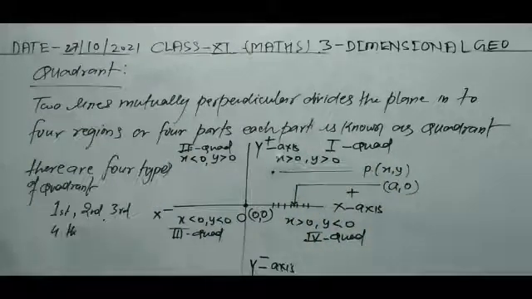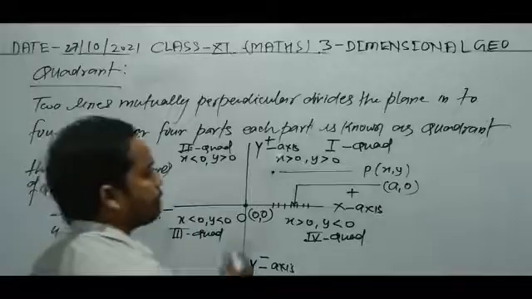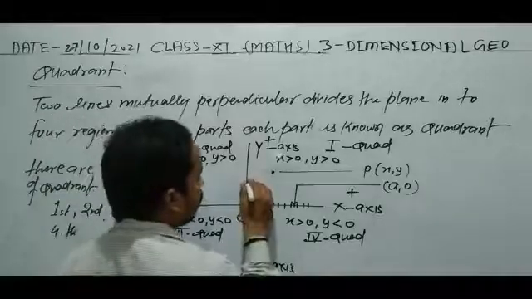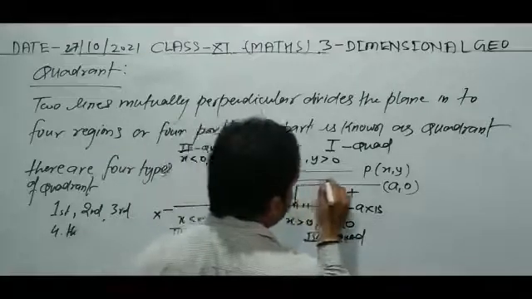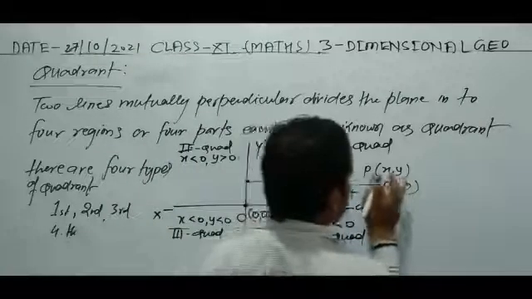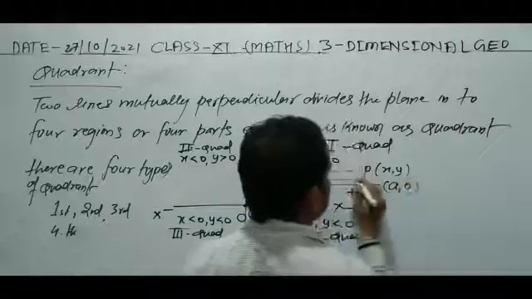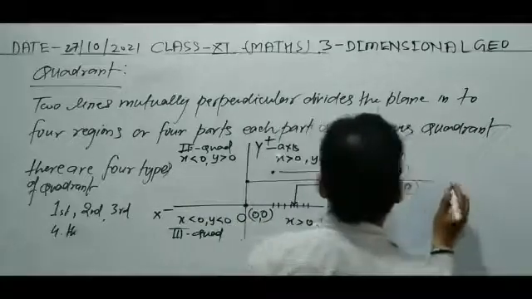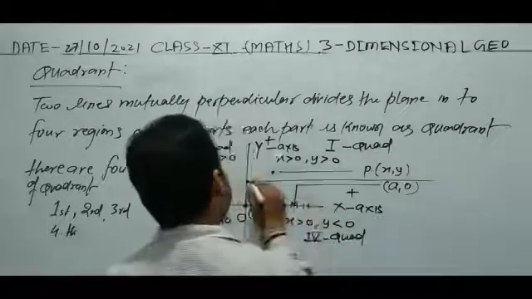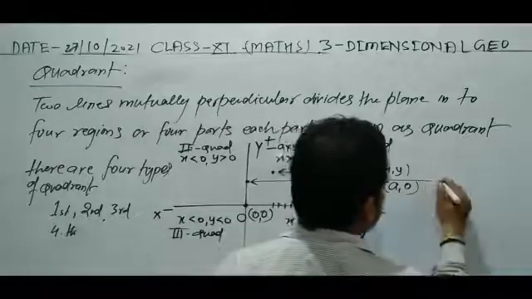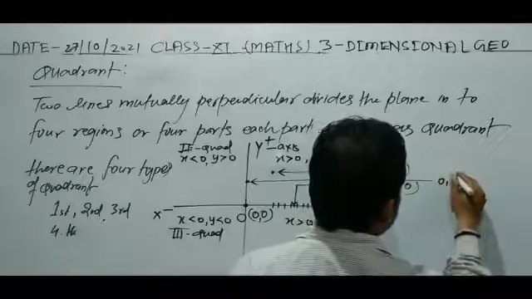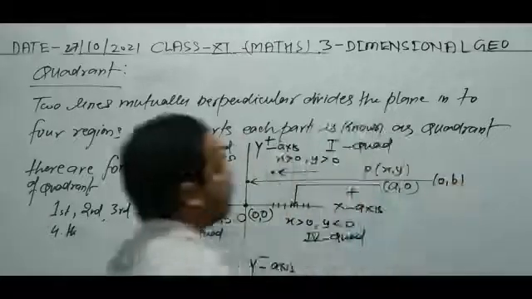And for this point on the y-axis, we can write its coordinates as 0 comma b.